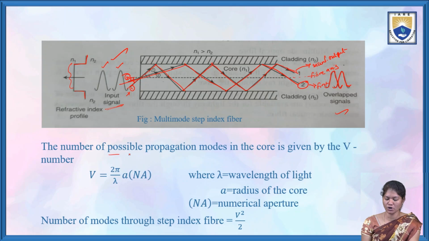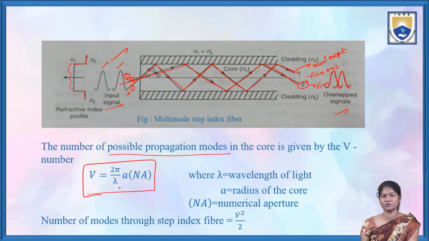The number of possible propagation modes. The number of modes available in the core is given by the V number, where V equals 2 pi by lambda times a times NA. Here lambda is the wavelength of the light, a is the radius of the core, and NA is the numerical aperture, the light gathering ability of an optical fiber.